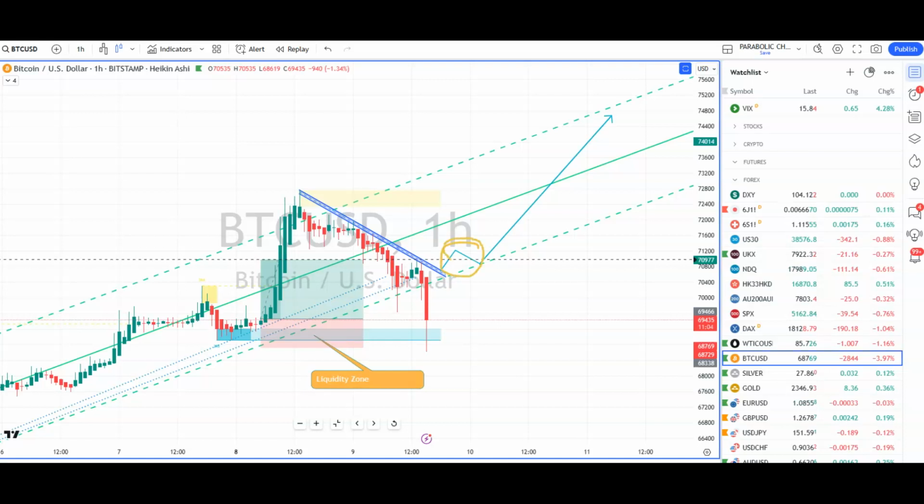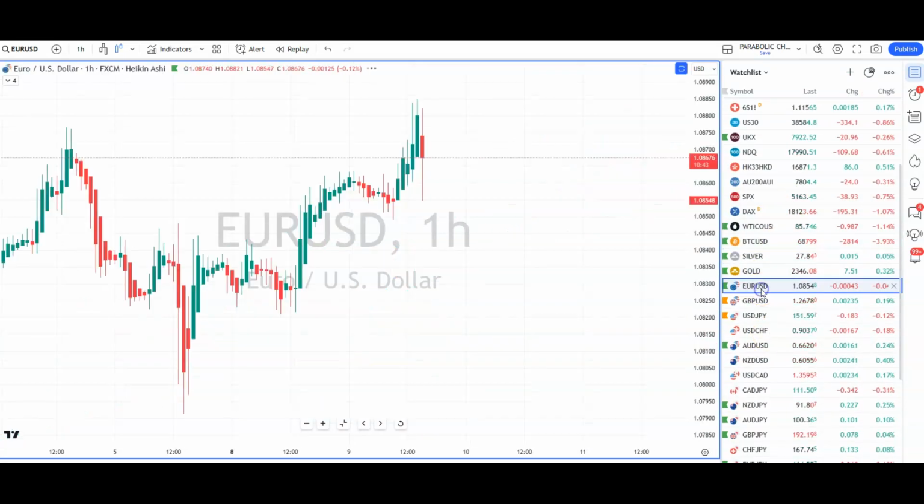So once it gets into that area, which is then got support, then I'm much more interested in calculating the stop down here and maybe the target up here. Hopefully that makes sense.